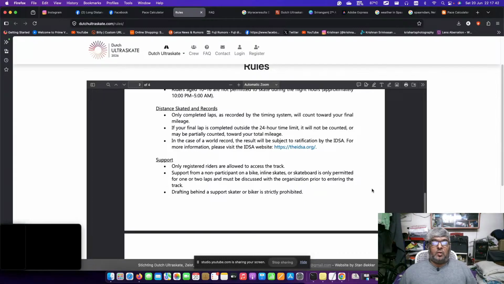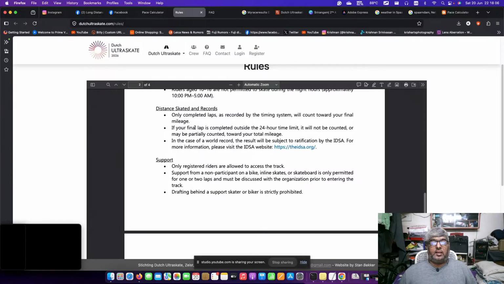Only completed laps recorded by the timing system will count toward your final mileage. If the final lap is completed outside the 24-hour time limit, it will not be counted or may be partially counted towards your total mileage. In the case of a world record, the result will be subject to ratification by the IDSA. For more information, okay, you get the idea.